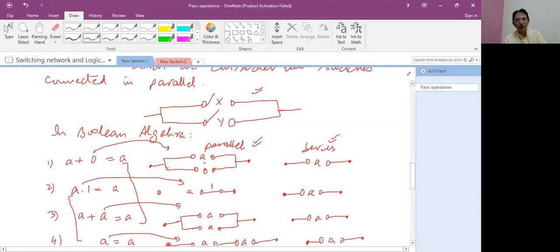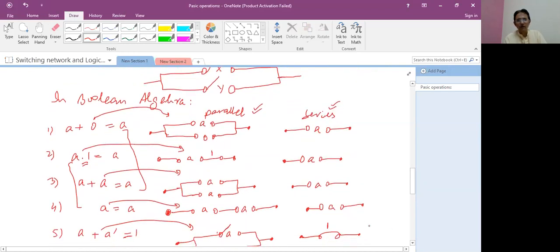A plus 0, in parallel form, we write only A. But when the sign is multiplication, A dot 1, in series form, we write only A and connect it in switching circuits.